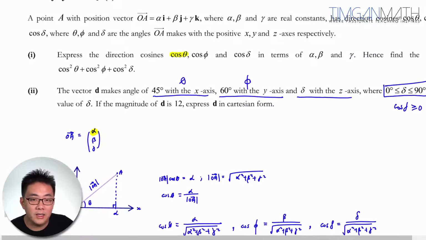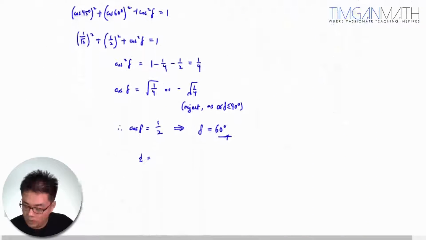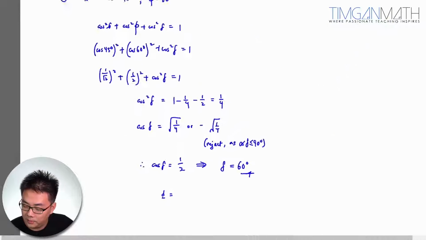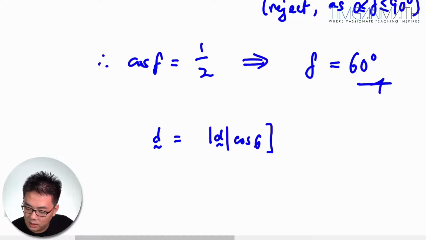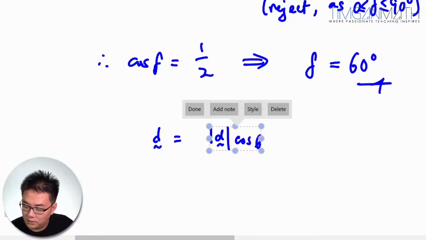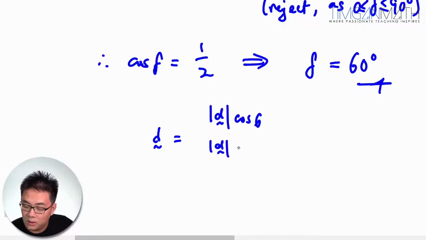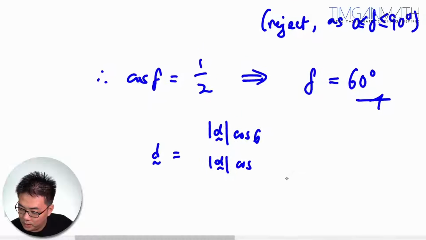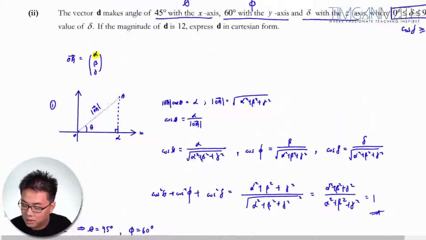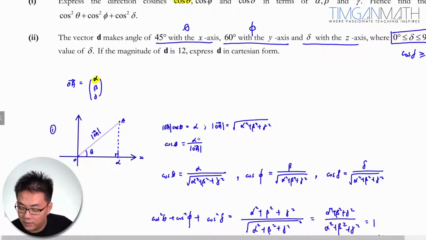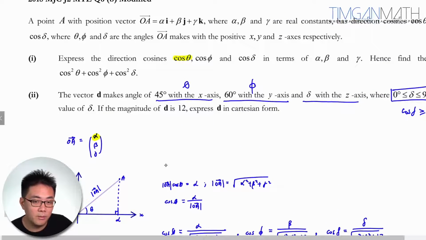The coordinates are given by mod D cosine theta i, and I'll write it in vector column form: mod D cosine theta, mod D cosine phi, and mod D cosine sigma. In the coordinate system, the coordinates of A are given by mod OA cos theta.